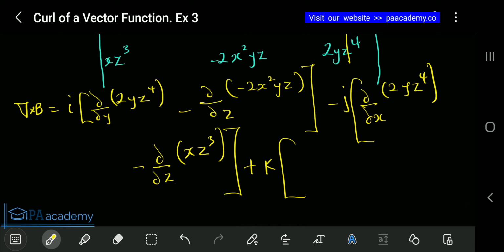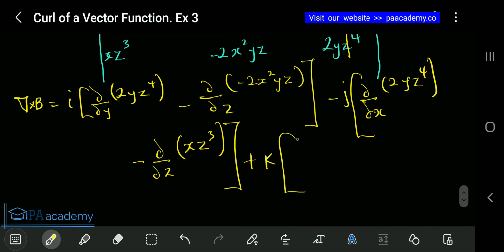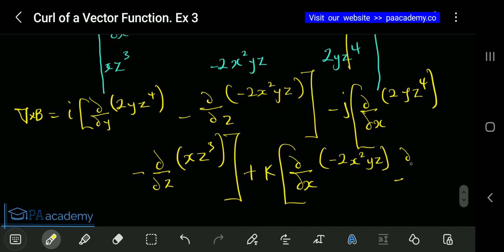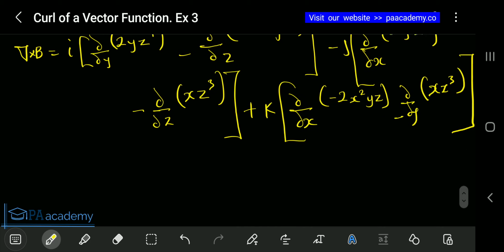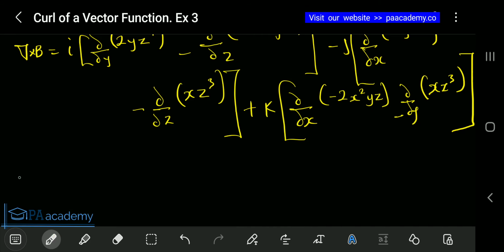Let's open our bracket. That's the partial differential over dx multiplied by minus 2x squared yz, minus d over dy of xz cubed. All right, so let's continue.